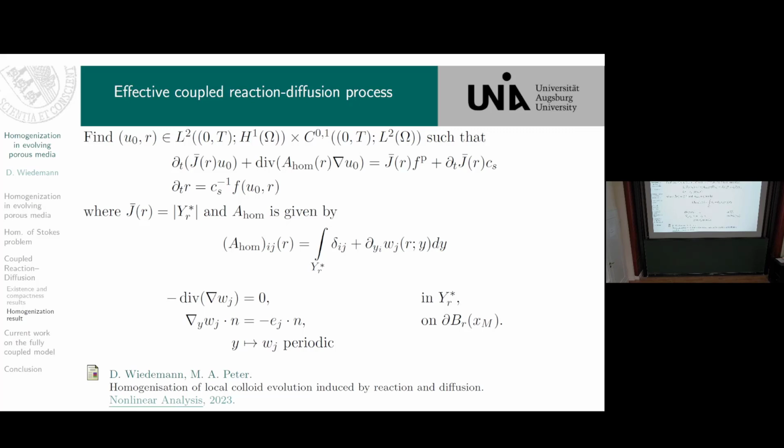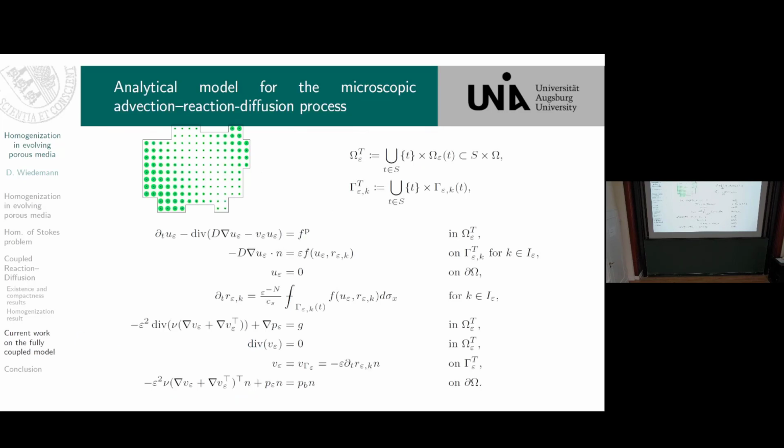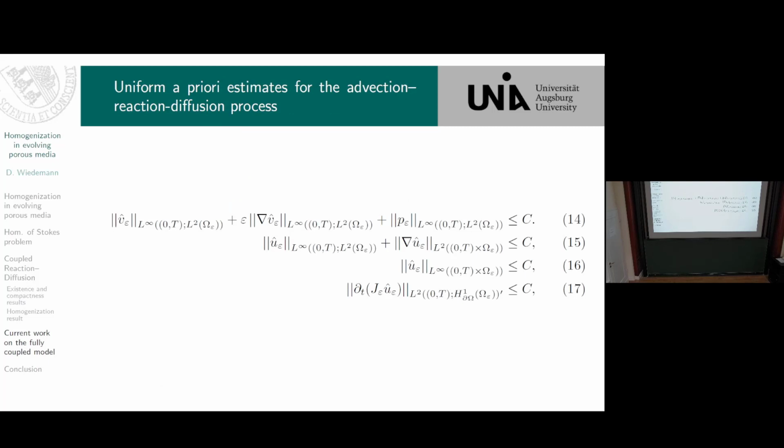the time derivative is still scaled by the porosity, and so this is our limit result for the reaction-diffusion equation. And now what we currently do is we want to couple this with this advective term, so basically combine everything which I have told in the previous minutes, and thereby we have already derived some a priori estimates, but they become a little bit more complicated.